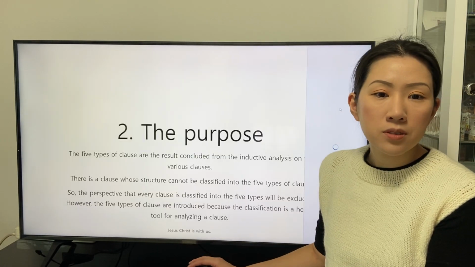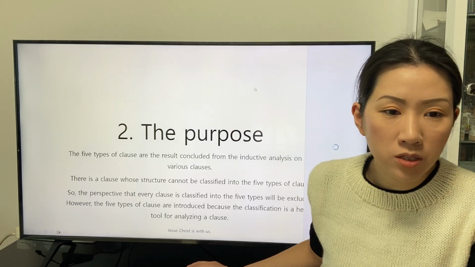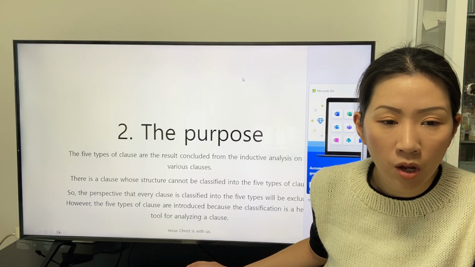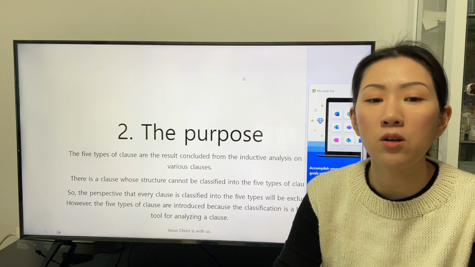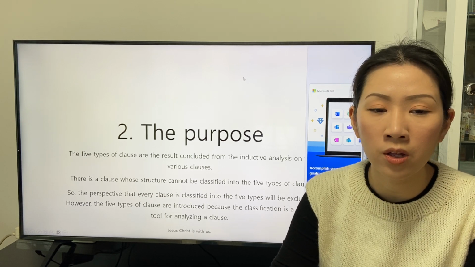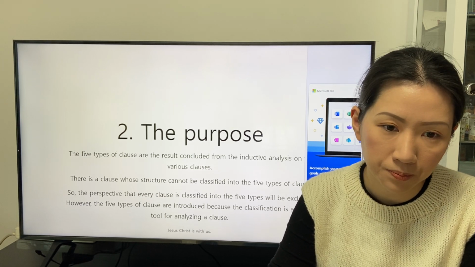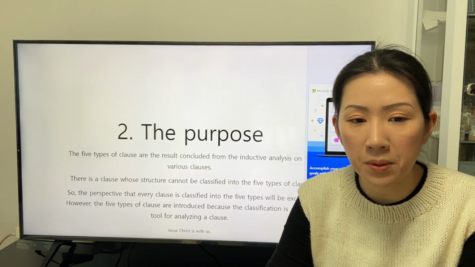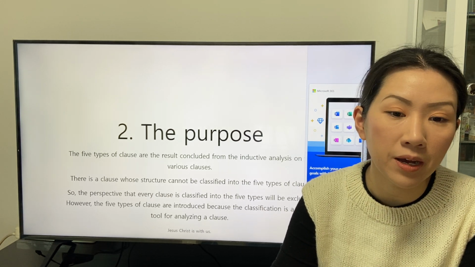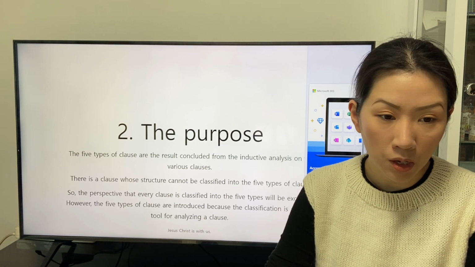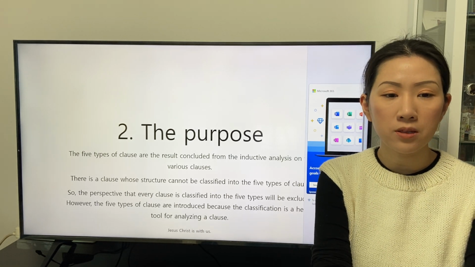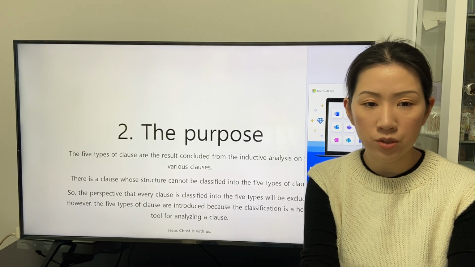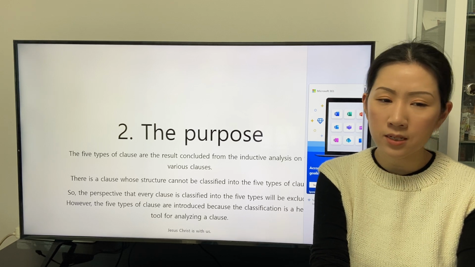The 5 types of clause are the result concluded from the inductive analysis on the various clauses. There is a clause whose structure cannot be classified into the 5 types of clause. So, the perspective that every clause is classified into the 5 types will be excluded.